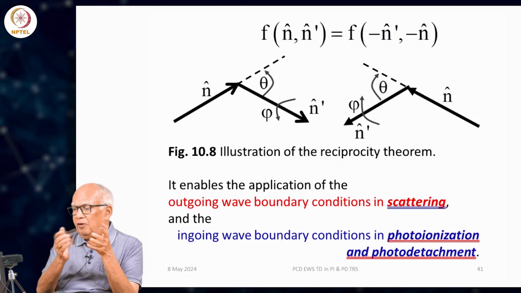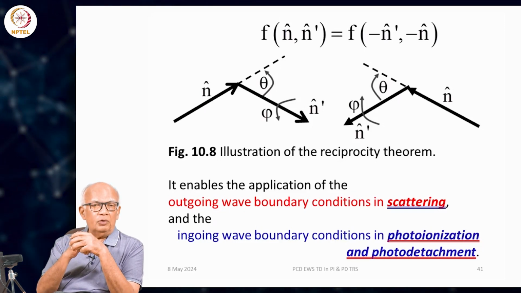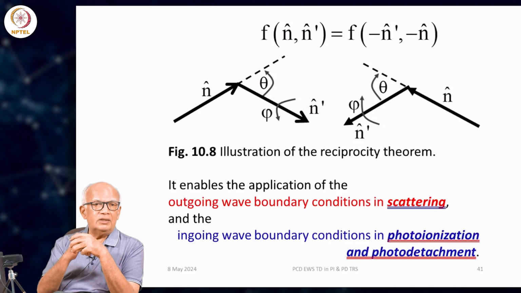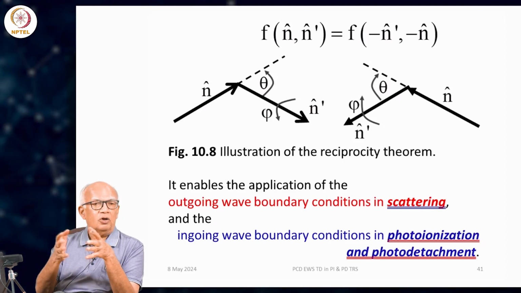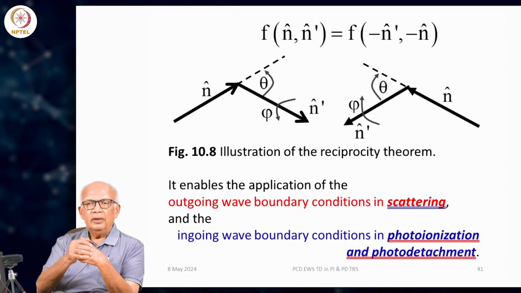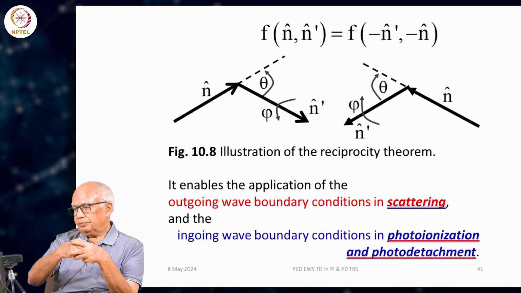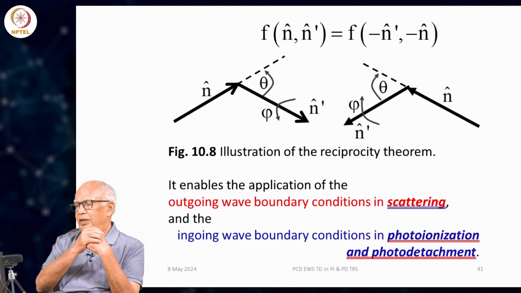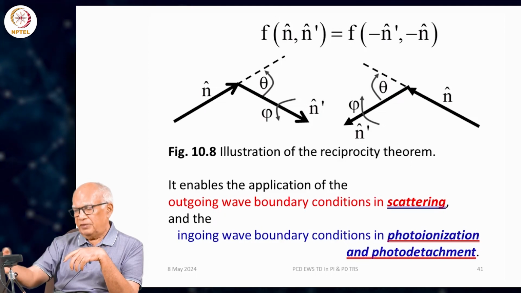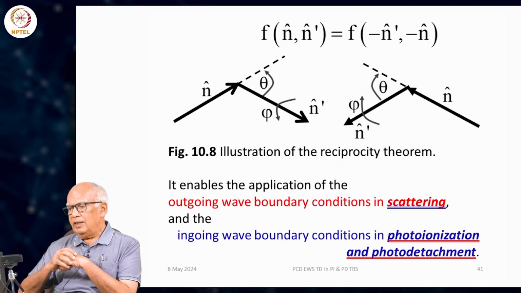It is the same for photo detachment. Photo detachment of a negative ion is a very similar thing. The electron does not exist as a free particle, but it is born when the photon is absorbed by the negative ion. So, whether you are talking about photoionization or photo detachment, the physics and the quantum mechanics is exactly the same.